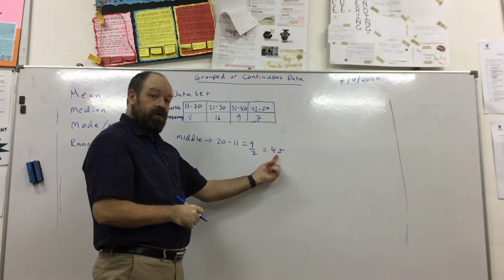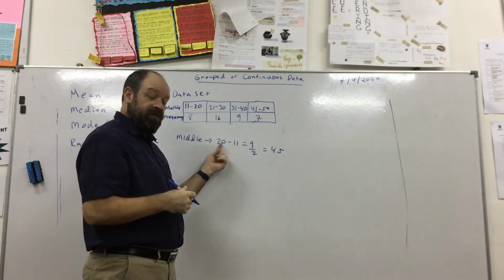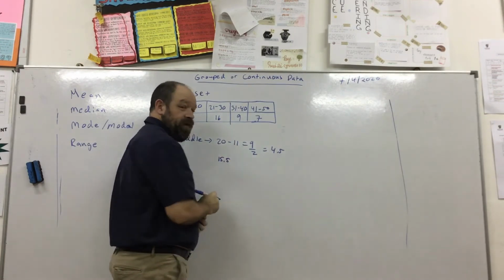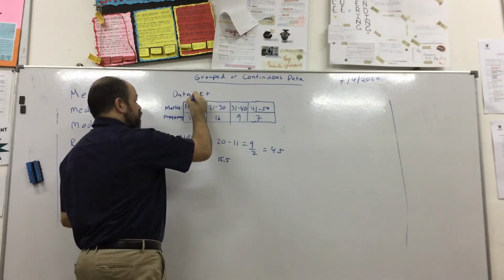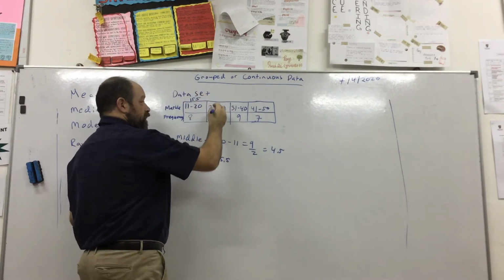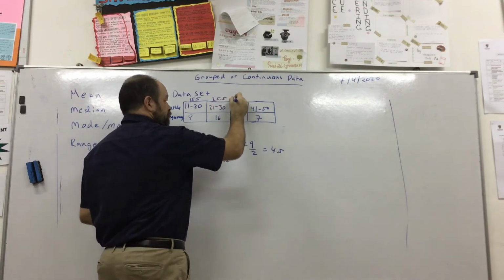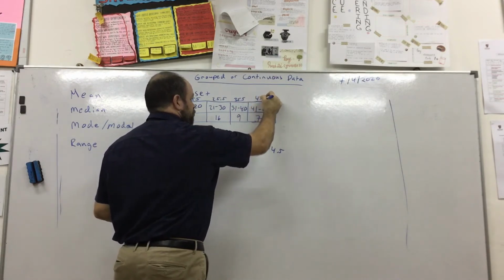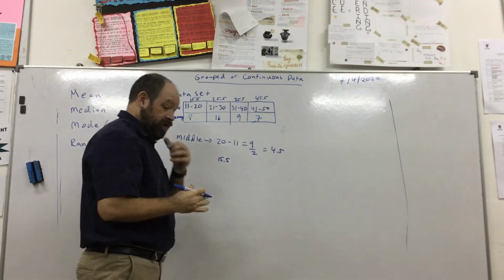So then we know that the middle, basically the median, of 11 to 20 is 15.5. So the middle is 15.5. So we can say that this is 25.5, 35.5, and 45.5.